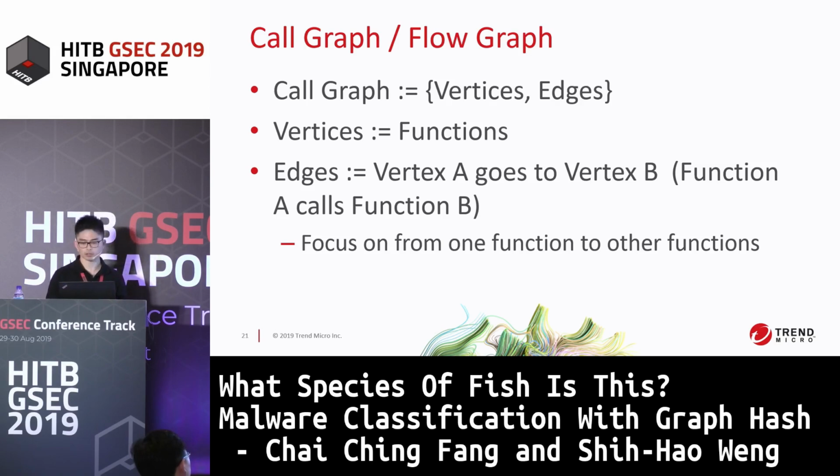From a graph point of view, edges describe the relationship between vertices. That means vertex A goes to vertex B. Mapping back to an executable, it means execution flow, meaning function A calls function B.